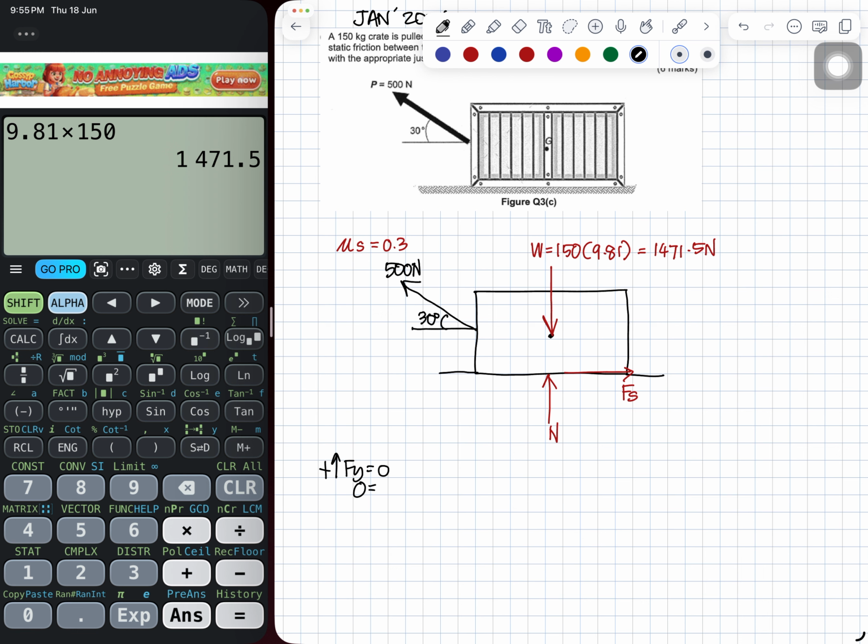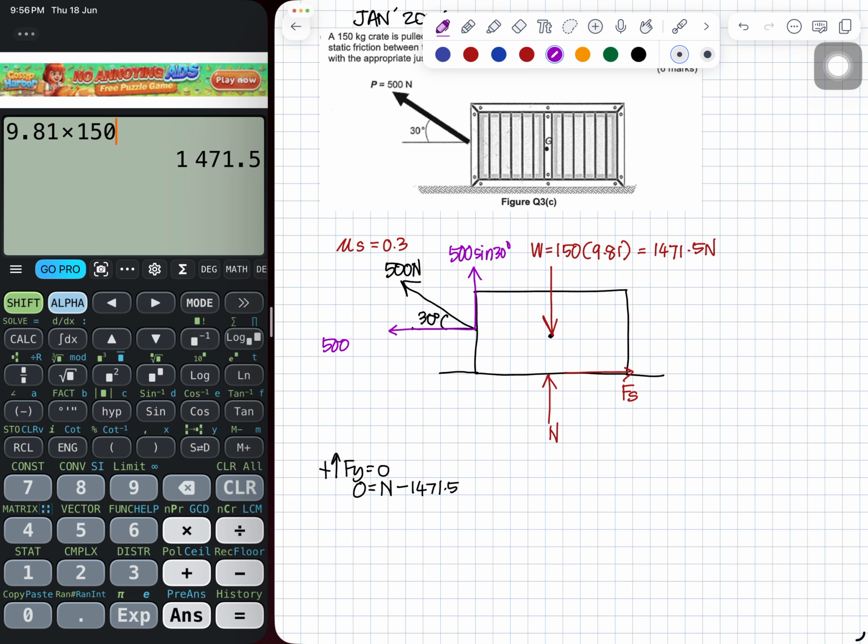So we have N minus W, 1471.5, and then we have to translate this 500 sine 30 for the y-axis. Plus or minus depends on the direction of the arrow. I think you can have it in your mind.